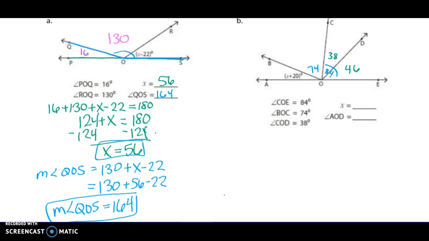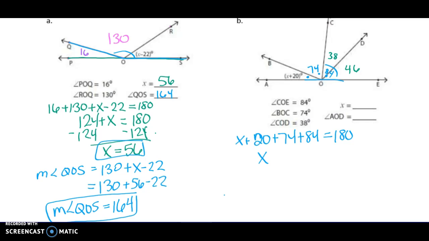So before we get to that, we'll have to do some work to figure out X. So I'm going to use these angles here that I know. The X plus 20 plus the 74 plus the 84 is going to equal 180 degrees because those three angles together is making that straight angle AOE.